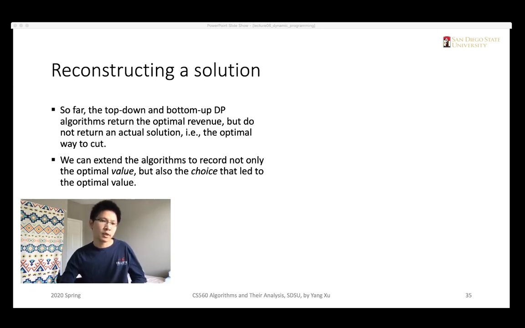We can make the change simply by recording not just the optimal value for each subproblem, but also the choice that led to the optimal solution.